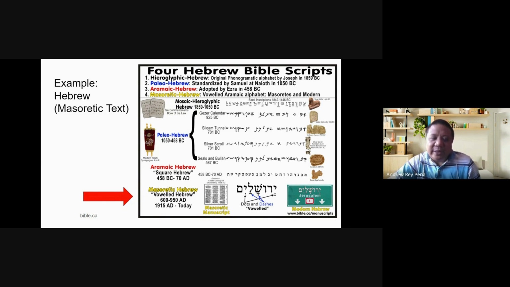So the Hebrew Masoretic text is an example of an abugida. The abjad of Hebrew, which was composed only of consonants, turned into an abugida with the Masoretic text. Okay, the Masoretes were a group of scribes who copied biblical manuscripts.